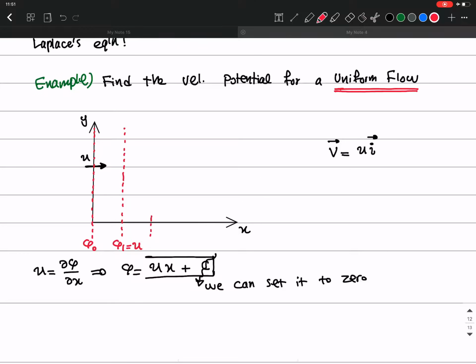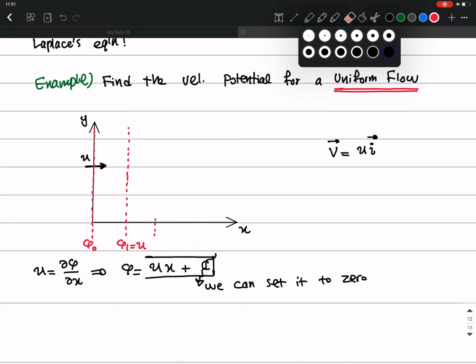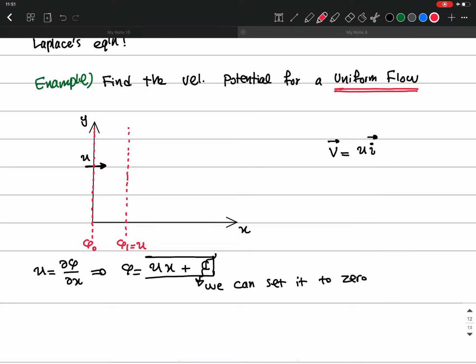So it's just linearly increasing, right? Linearly increasing. And then the next one is going to be here.